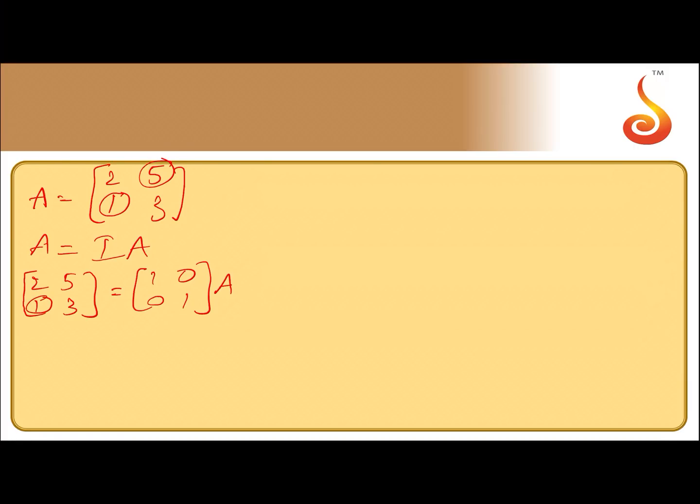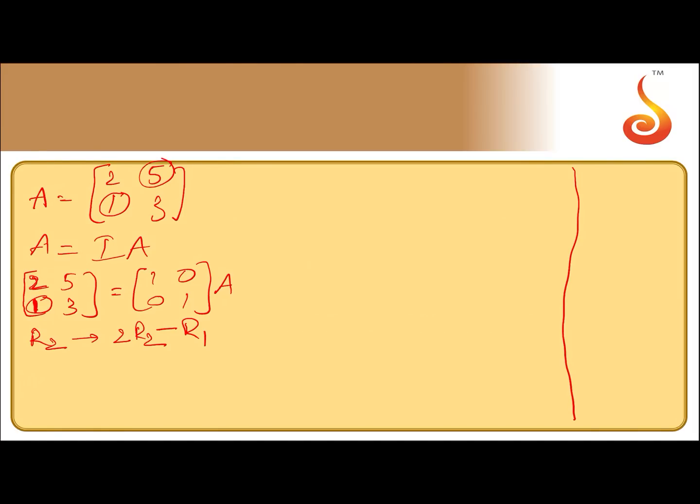So to make this element 0, I would first have to change R2. I have 2 in the first row, so I would multiply the second row by 2 so that I'll be getting 2 here, and subtracting R1. So 2 times R2 gives us 2 here and then subtracting R1.